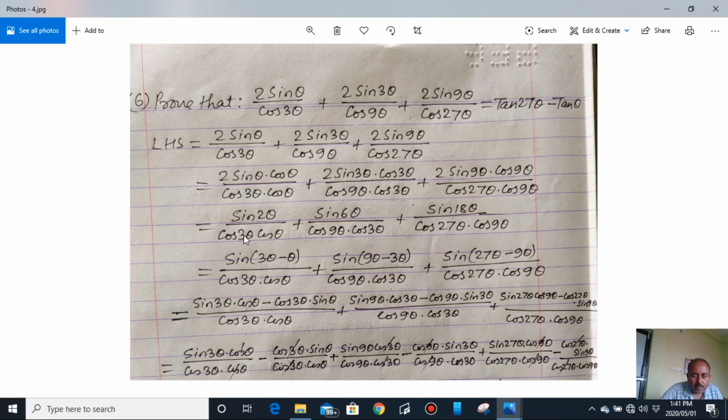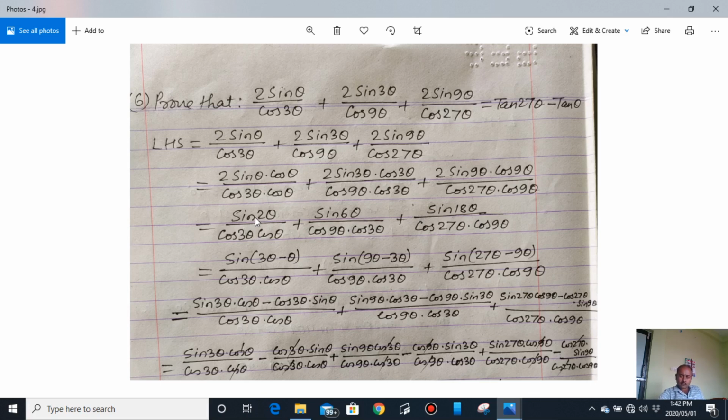Now move next. 2 sin a cos a is sin 2a, so you can write 2 sin theta. Here 2 sin 6 theta, double of 3 theta, and double of 9 theta is 18 theta. So sin 2 theta, sin 6 theta, sin 18 theta. Denominators are the same as the previous step.